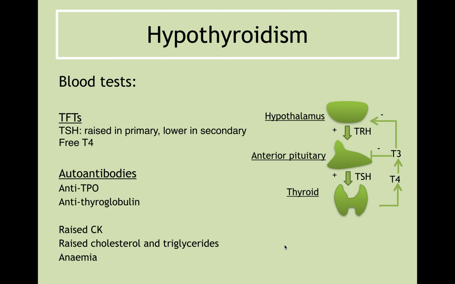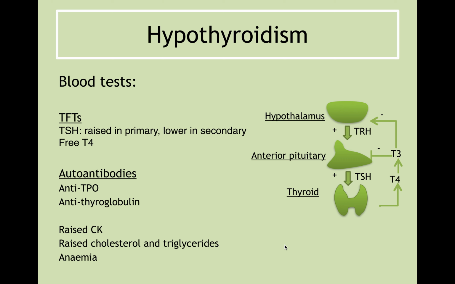If you have a low T4, that means you have hypothyroidism. If it's a normal T4, you might still be at risk of developing hypothyroidism if you have a raised TSH level.